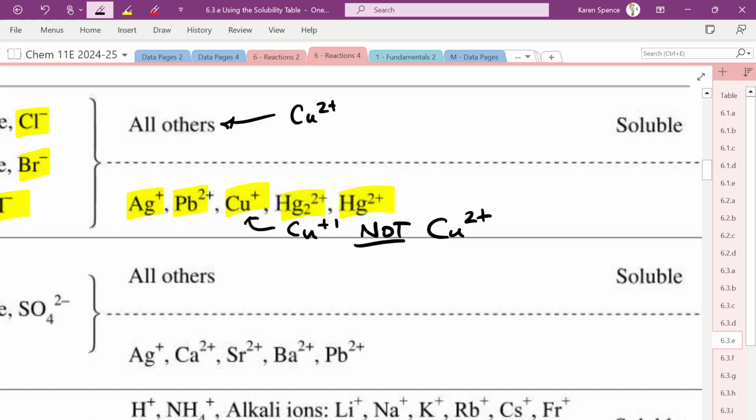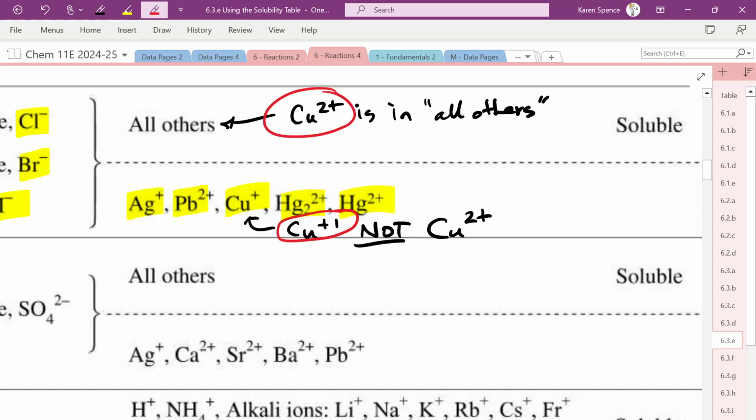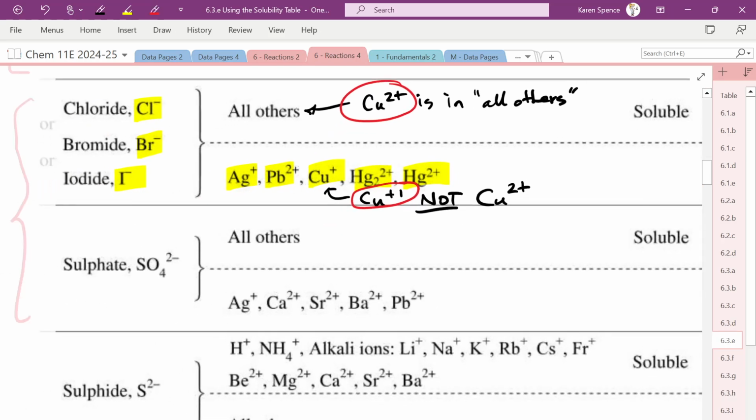Cu2 plus is in all others. So if I give you copper 1 chloride, copper 1 chloride would be solid. Copper 2 chloride would be aqueous. Same thing with iodide or bromide.